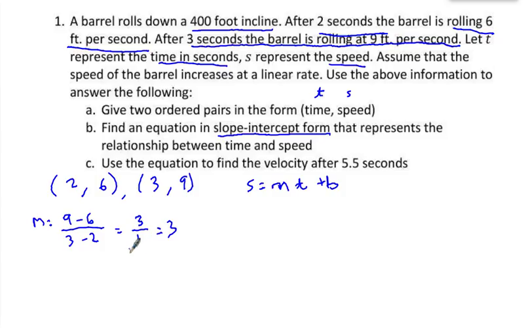We're going to use then one of those points in point-slope form to find this equation. y minus 6 equals 3, the slope, times (x minus 2).